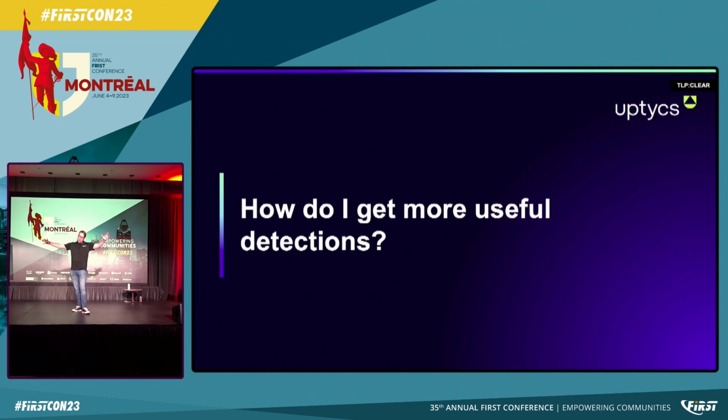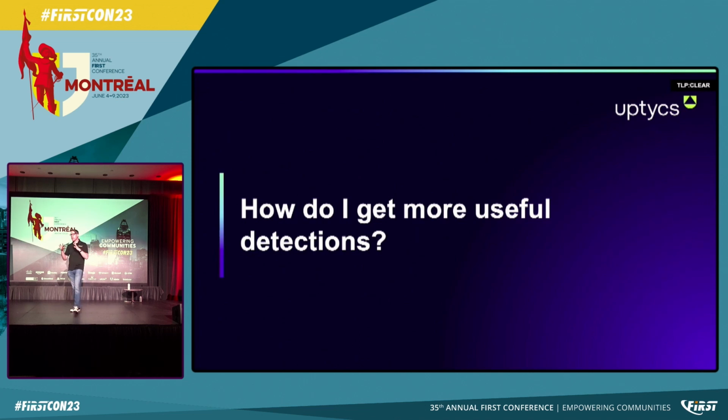The MITRE ATT&CK framework's a really good way of looking at current actions that threats take inside an environment. But when you throw one of those alerts to your SOC or to your CSIRT team, that doesn't necessarily mean that that is the most important thing they need to look at. And I wanted to try to find a way that we could take existing frameworks and make this simple.